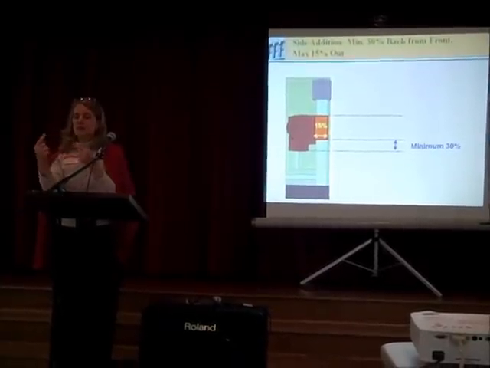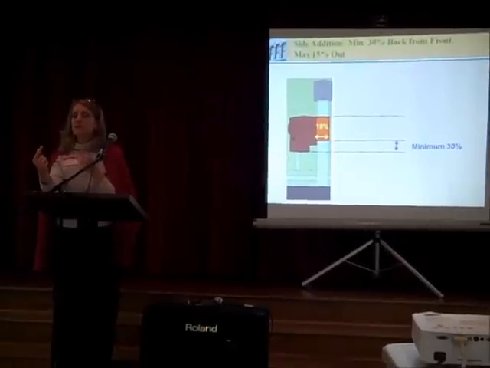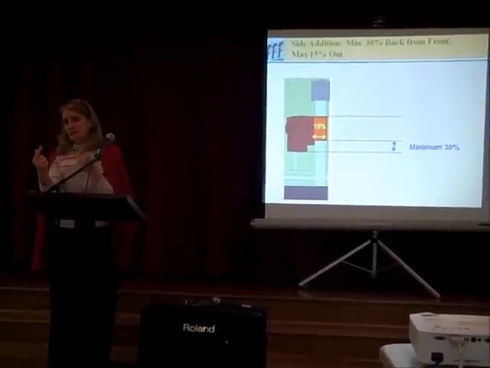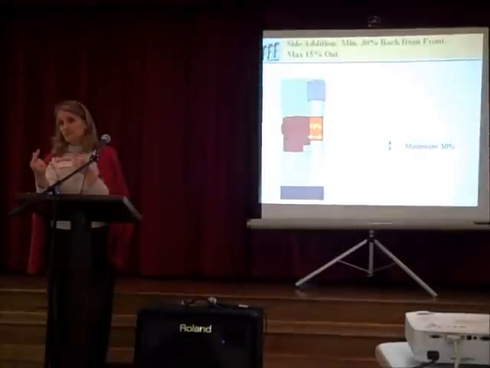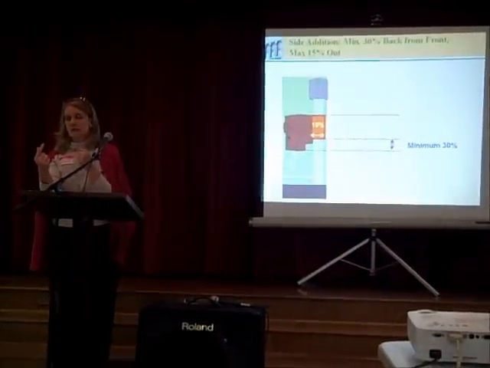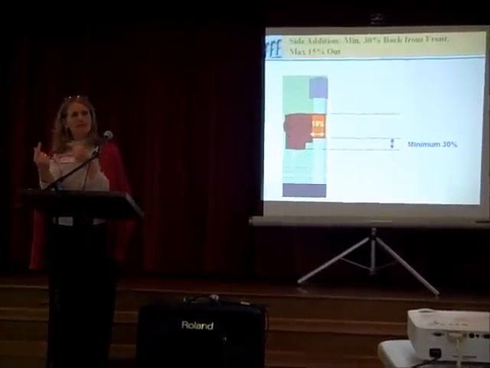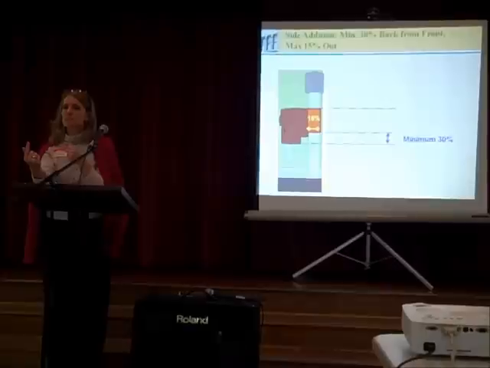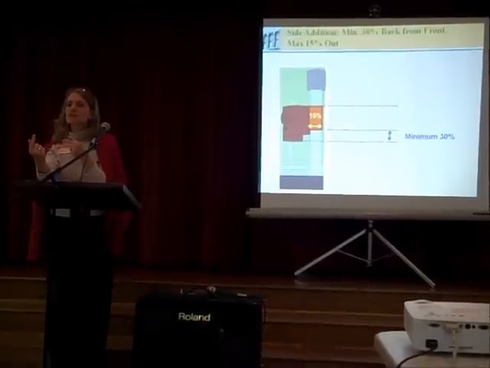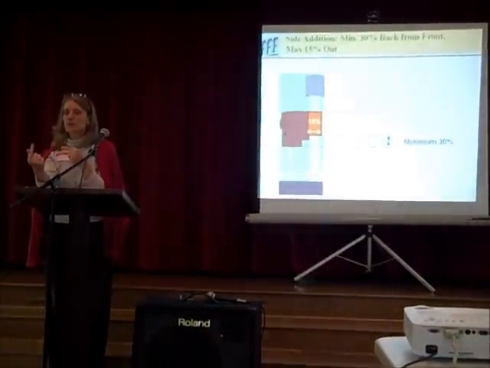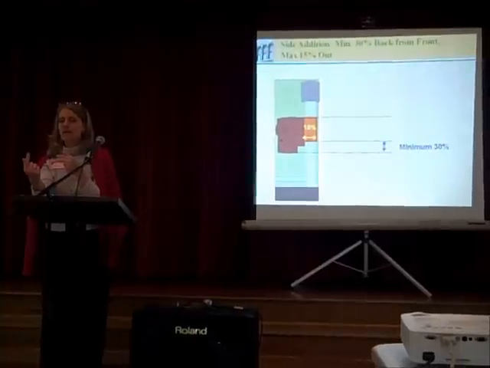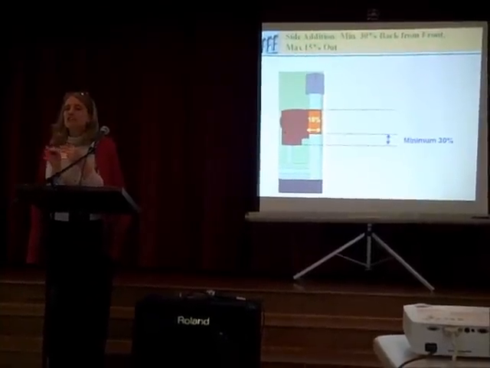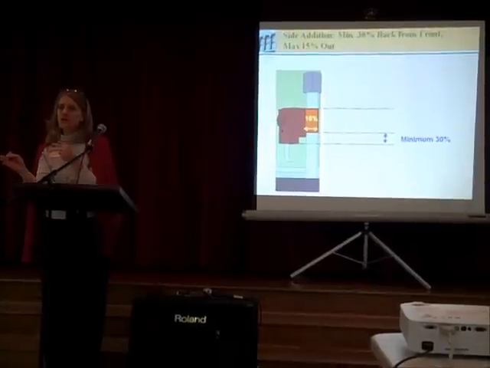Look at the length of your structure, front to back. I'm doing it with my hand gestures, from front to back. Then if your addition sets back 30%, which should be 20 feet, then your addition may come out 10 feet from the side of the structure.